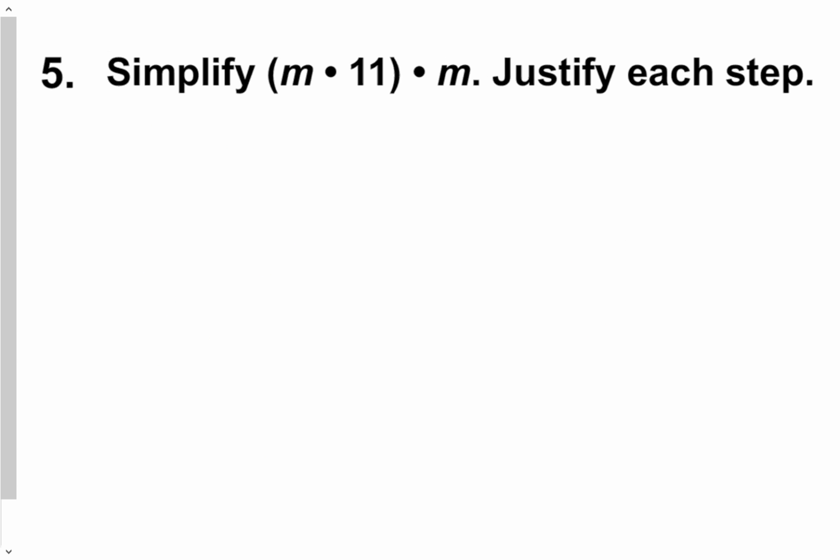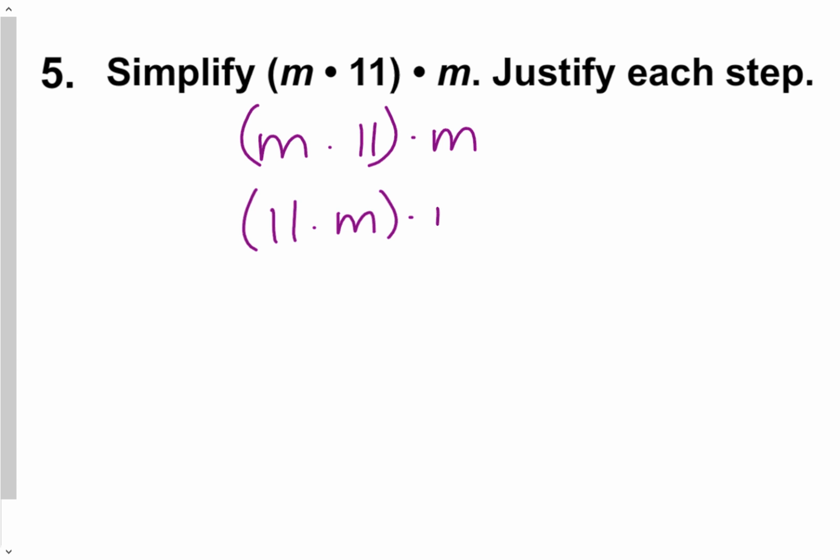Here's example 5. We have m times 11 times m. I want the things that are alike to go next to each other so I can combine them. So I'm going to switch the order of the 11 and the m, and I can do that using the commutative property of multiplication.